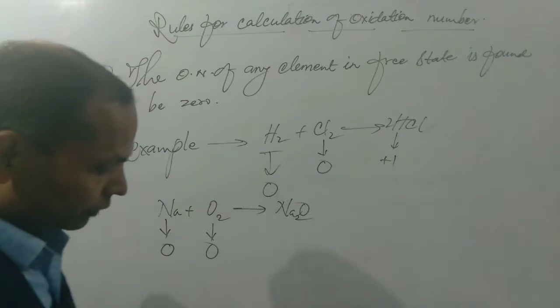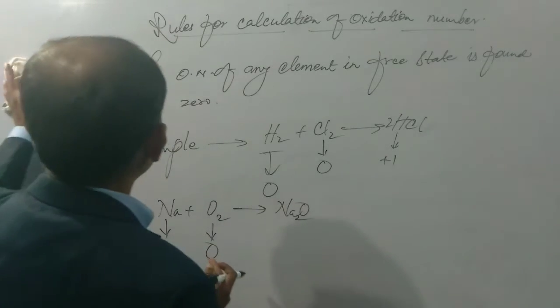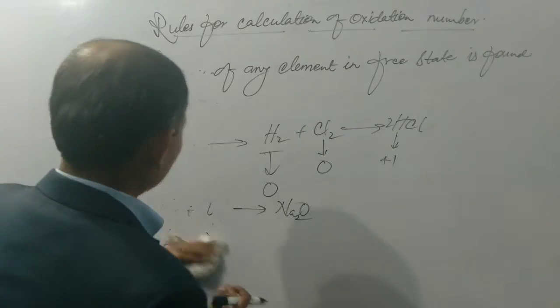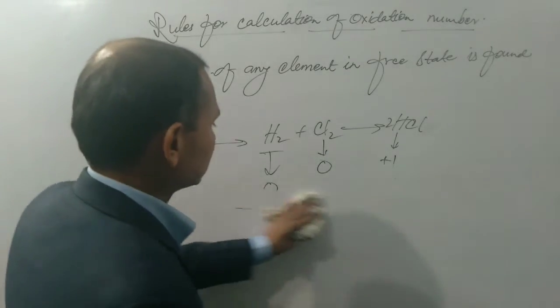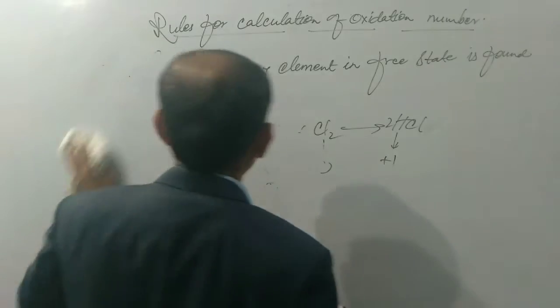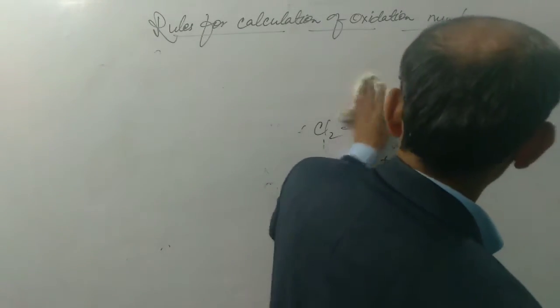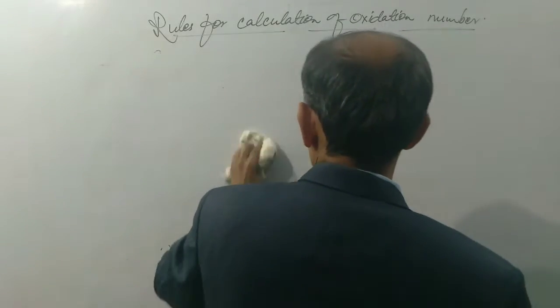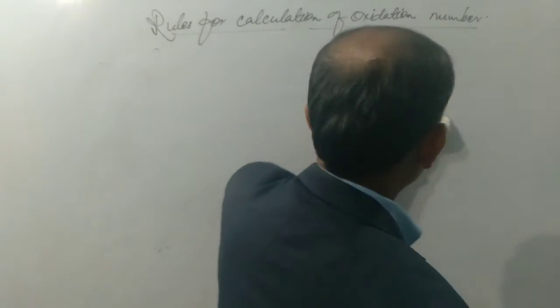The next rule tells us the oxidation state of hydrogen in combined state is generally +1. Similarly, the oxidation state of oxygen in combined state is generally found to be -2.